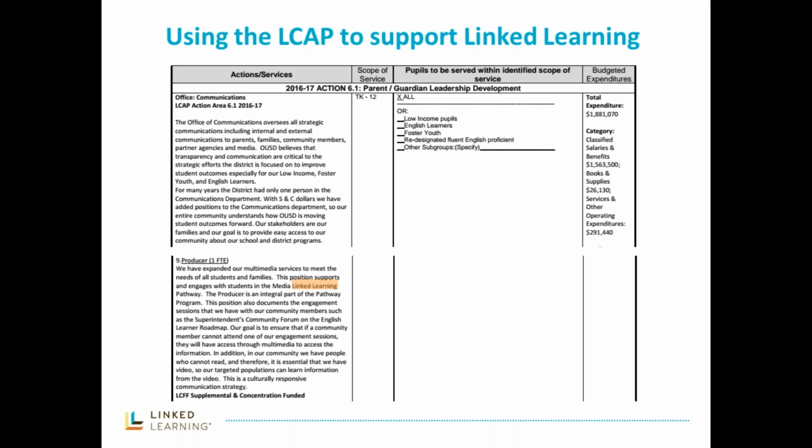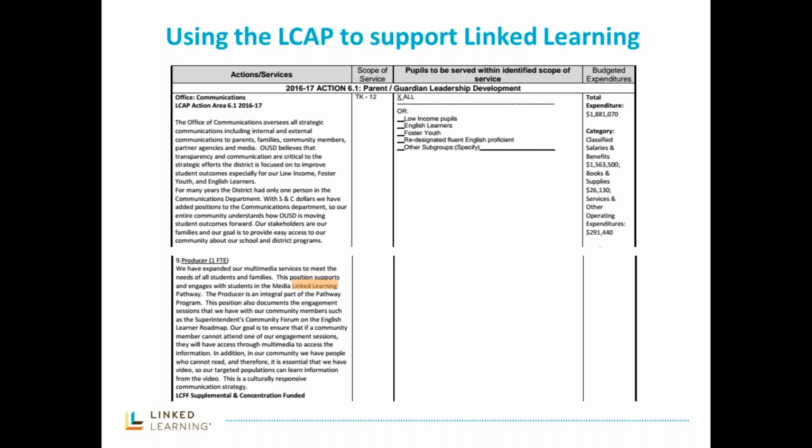As we were going through Oakland Unified's LCAP and searching for examples of linked learning, a little surprise came up for us. We expected, or mostly I expected, to see linked learning in college and career pathways mentioned in goal number 1, within the goal of ensuring college and career readiness for all students.